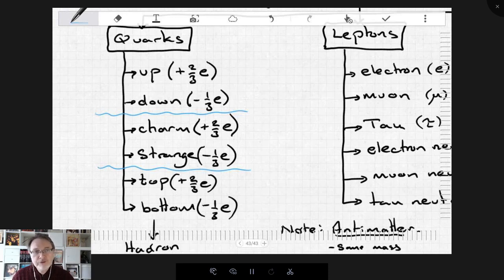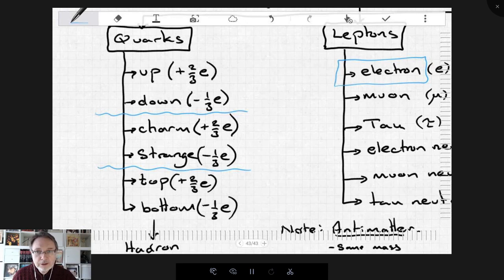Now, since the universe is trying to reduce potential energy of all types, and mass is a form of potential energy, then when we look around us at stuff and we look at the particles that are made of quarks, it turns out, not surprisingly, that most of the stuff around us, which is in the form of atoms, is electrons and up and down quarks, protons and neutrons.